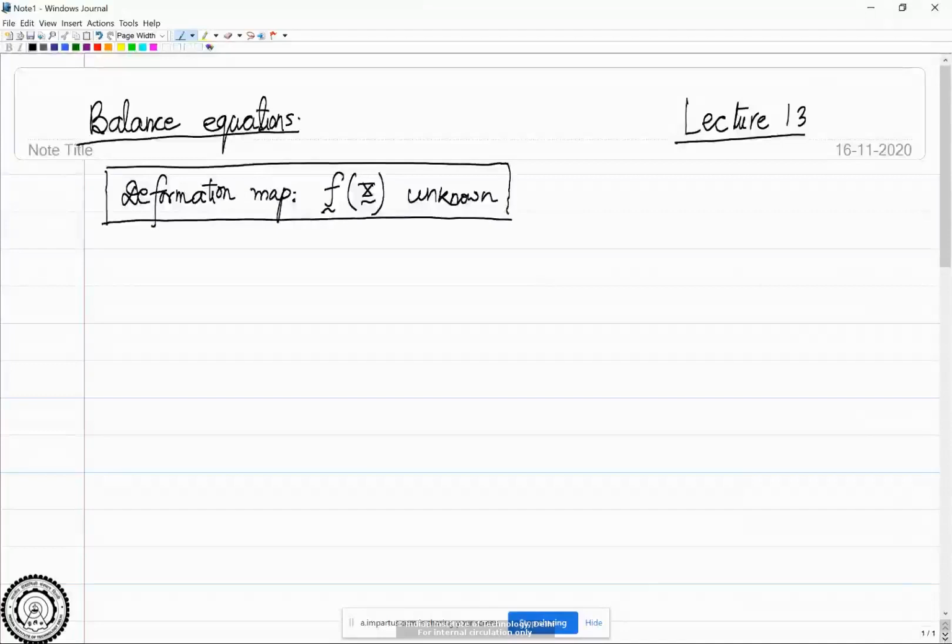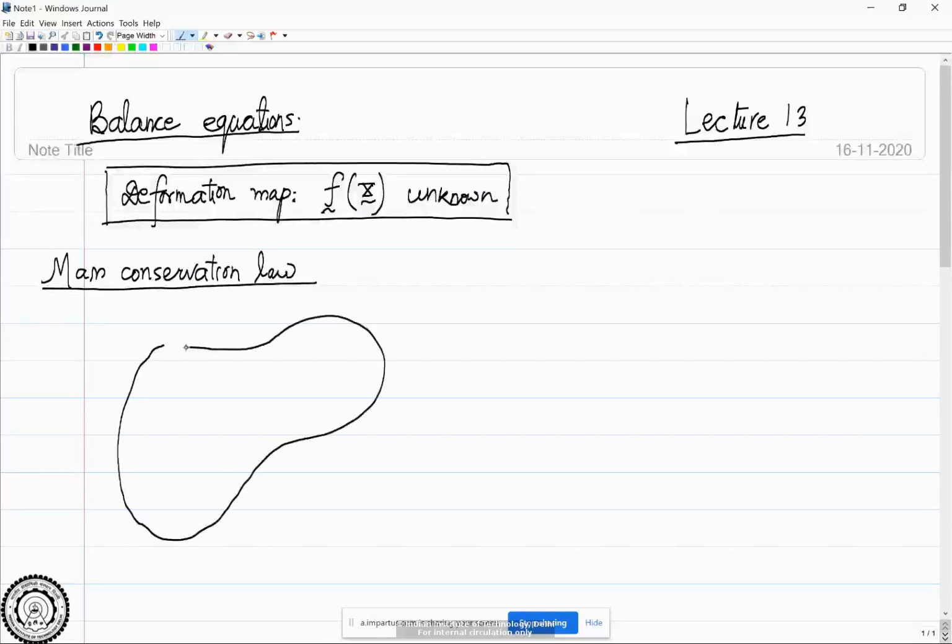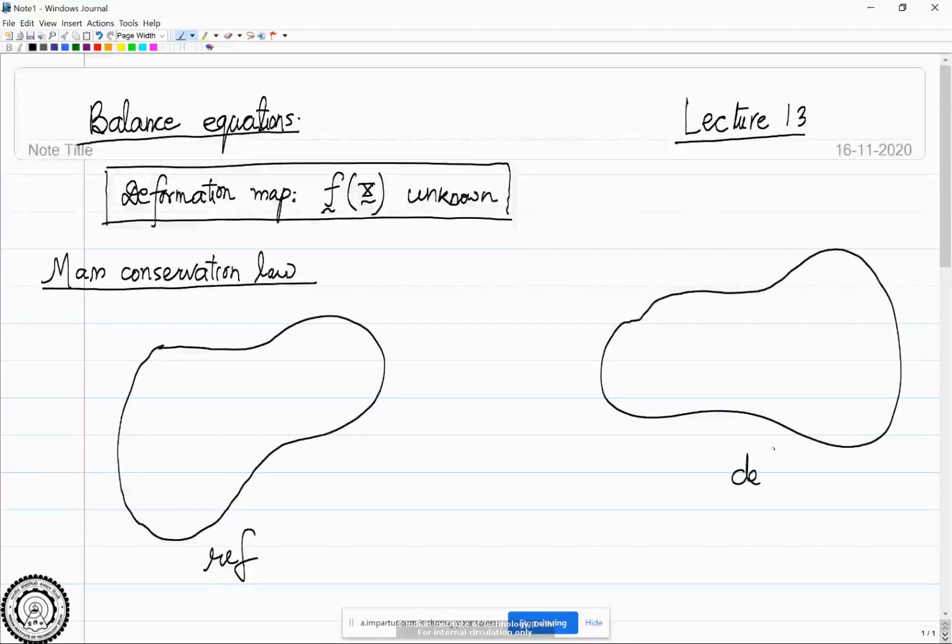So let us think of the mass conservation law, or what's called the continuity equation. Think of your body in the reference state. That's the reference configuration, and this is the deformed configuration, getting mapped through this deformation map.